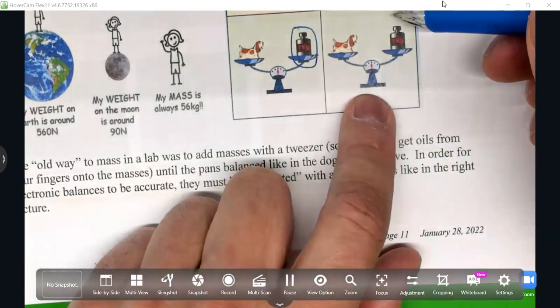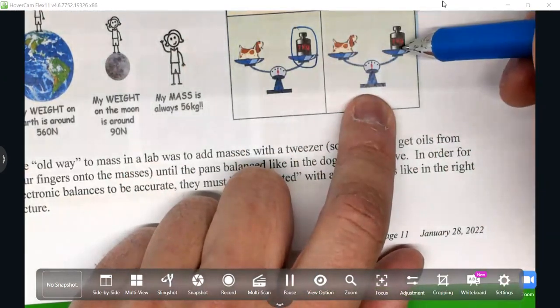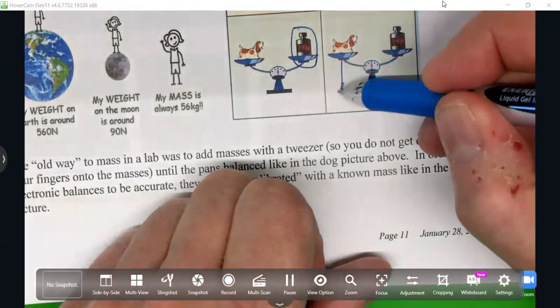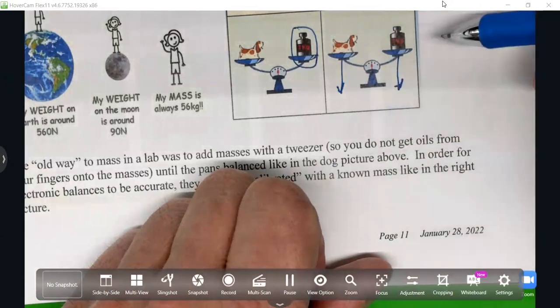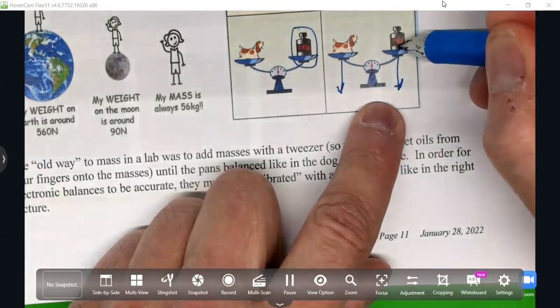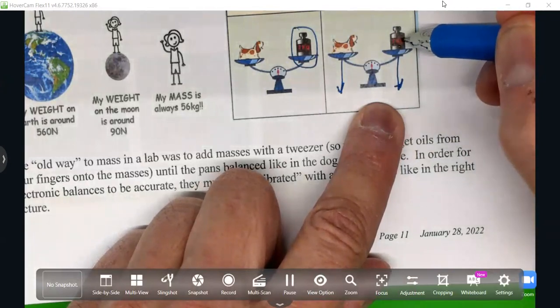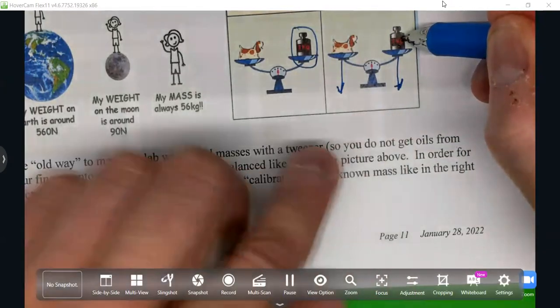If you took it to the moon, you'd still have to add 1 kilogram to get this to balance. Even though the gravitational pull on both sides is 1/6 as much, you would still have to put the same mass on there. So when you do mass, you are always comparing it to a known standard mass. Always, always, always.